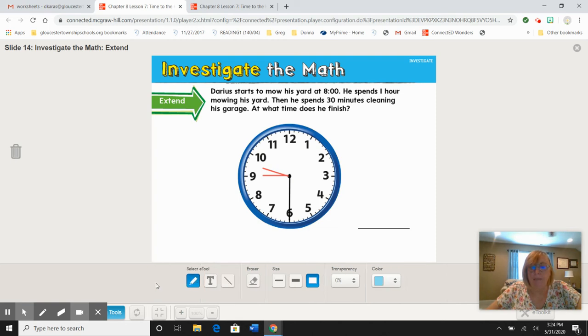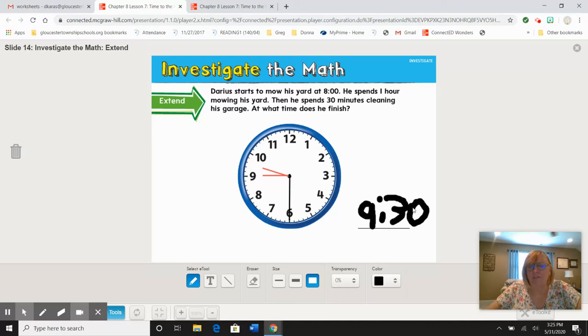So the time would be, let's get black so we can read what we're doing. 9:30, or half past 9. It looks terrible, I know.